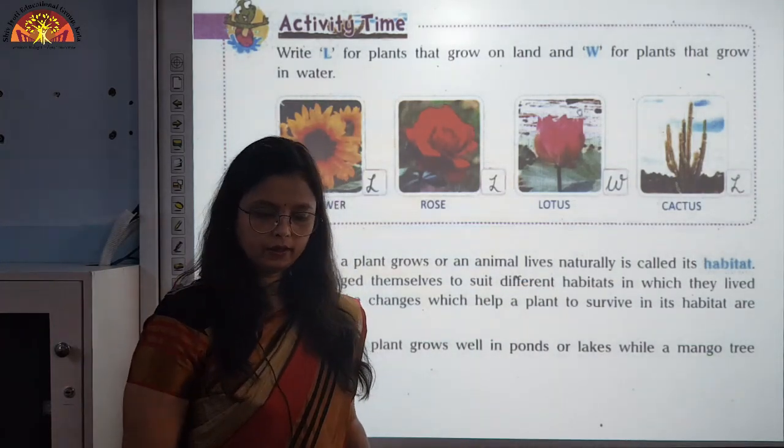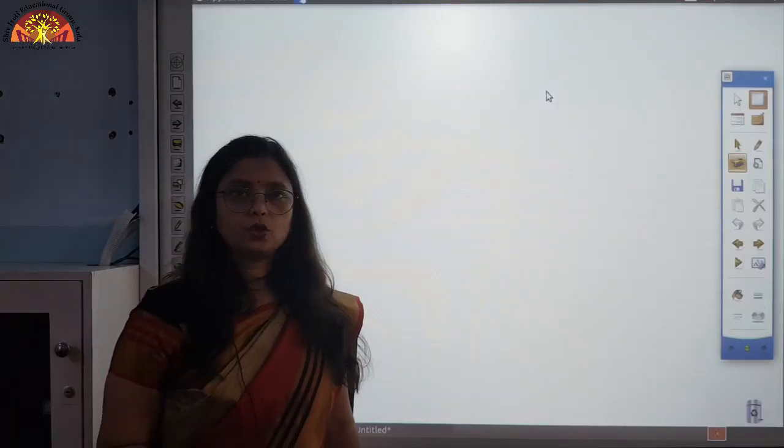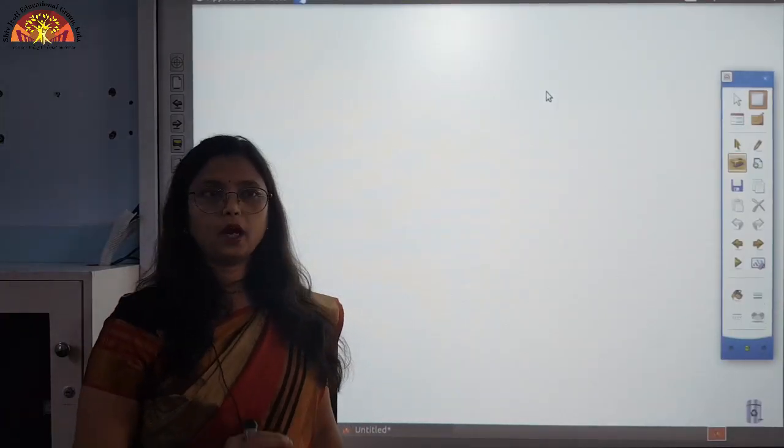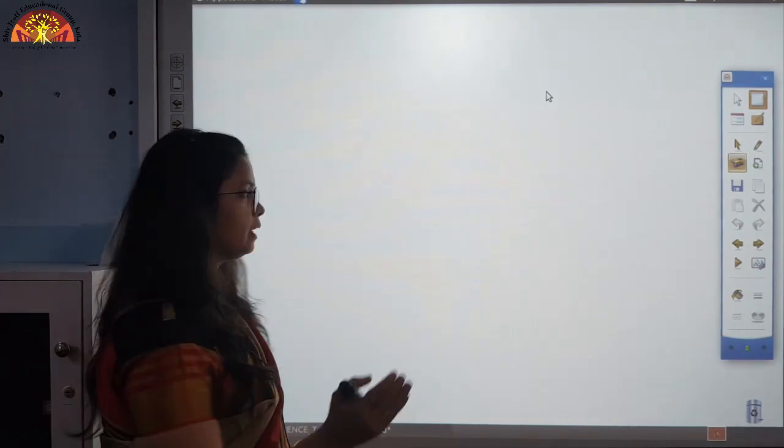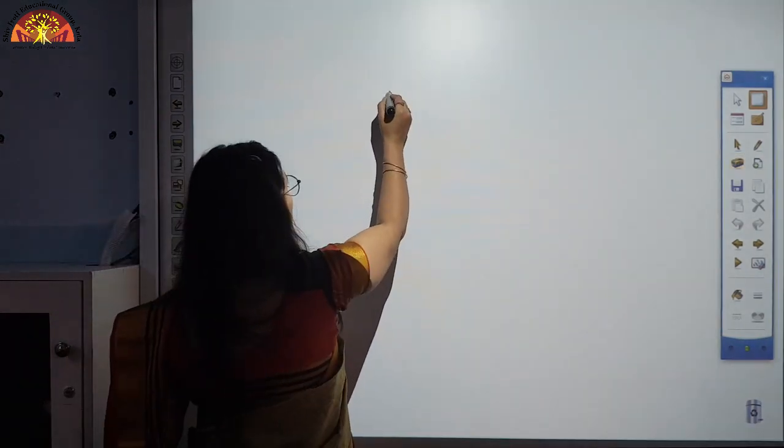Now, we move to our next topic. So, there are two different types of plants on the basis of habitat that we will discuss now.